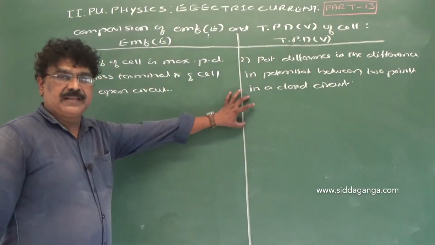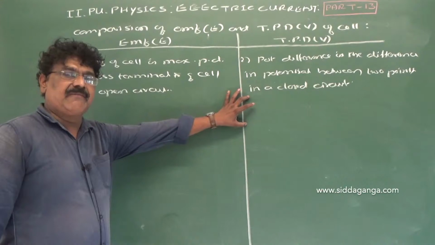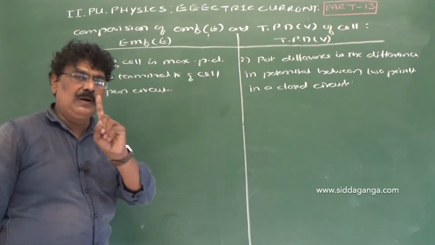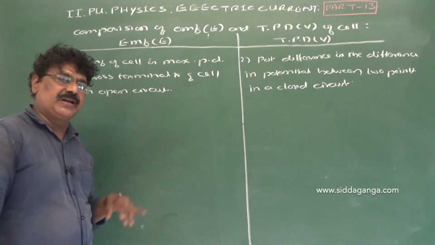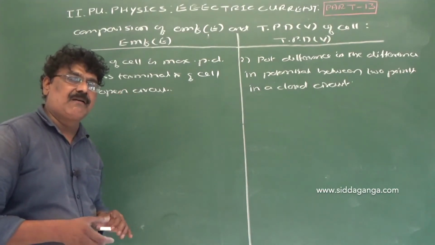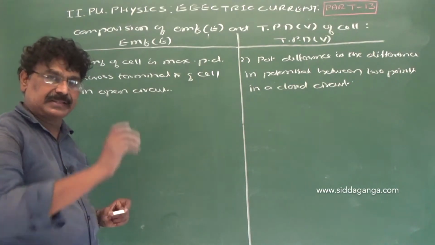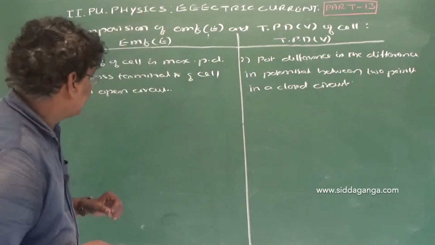Potential difference is measured using a device called a voltmeter, and EMF is measured using a device called a potentiometer that we will discuss in the next classes.